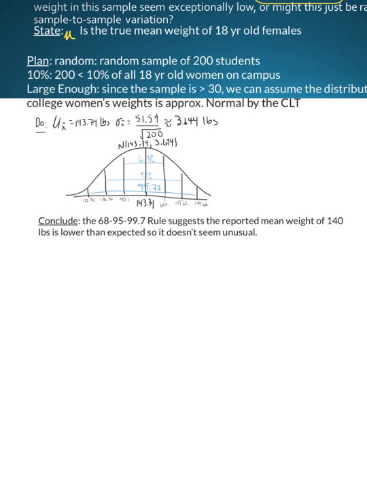The reason it doesn't seem unusual is because 140 pounds falls somewhere in about here, and we know definitely 16% have that weight or less. So 140 pounds really isn't significant.